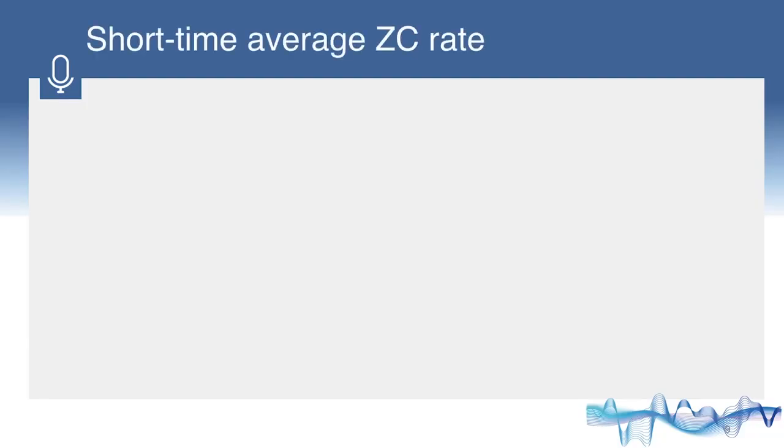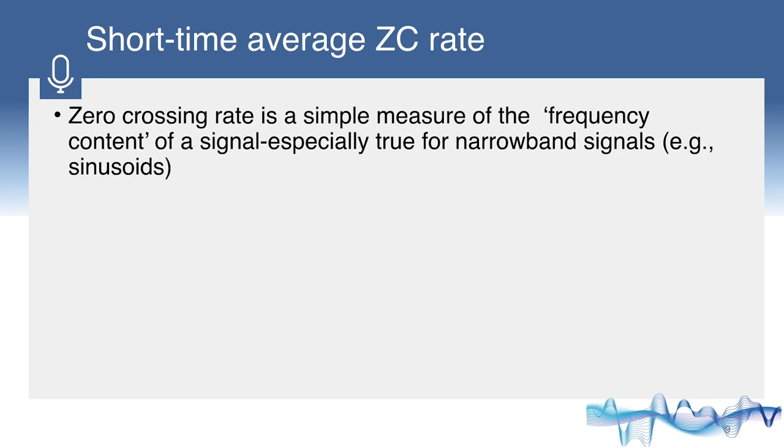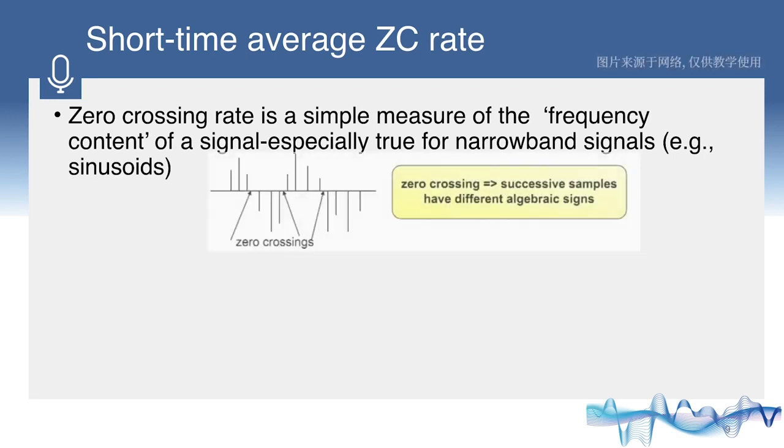Zero crossing rate is a simple measure of the frequency content of a signal, especially for narrowband signals, for example sinusoids. A zero crossing is counted when successive samples have different algebraic signs.